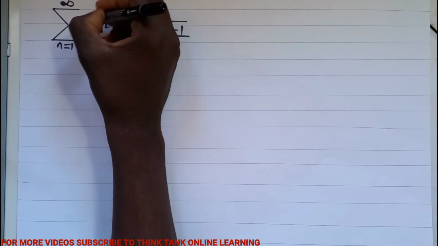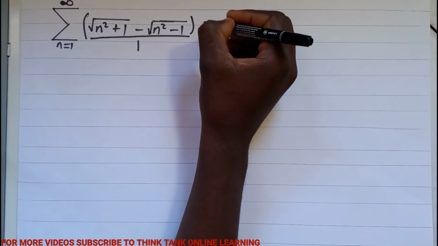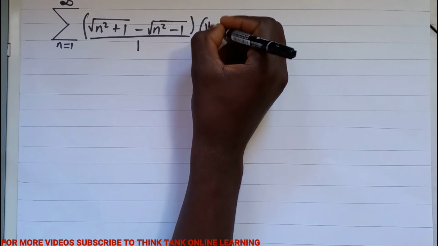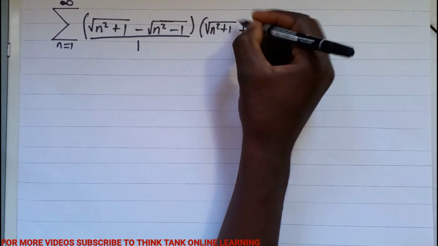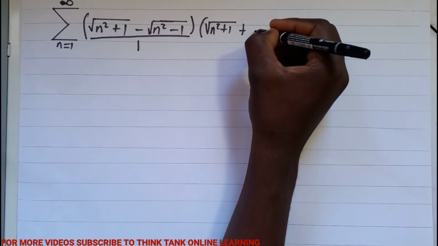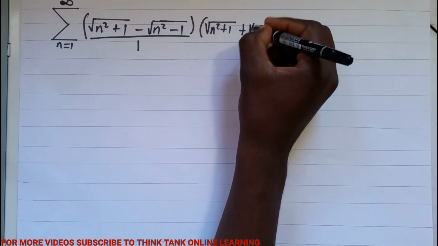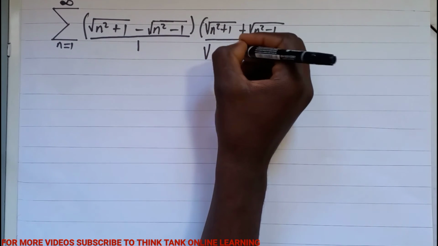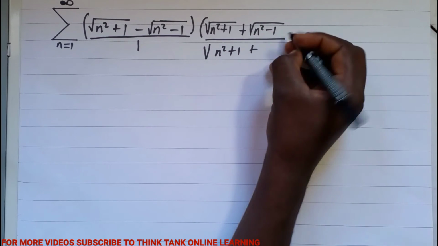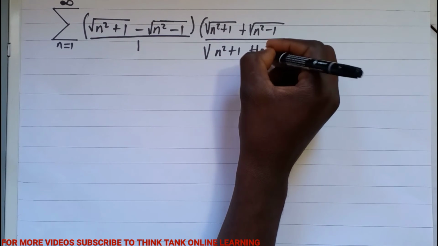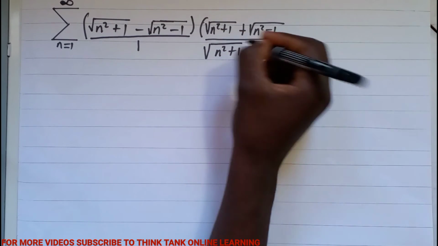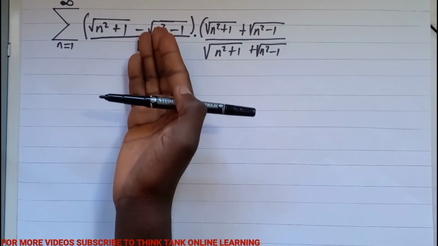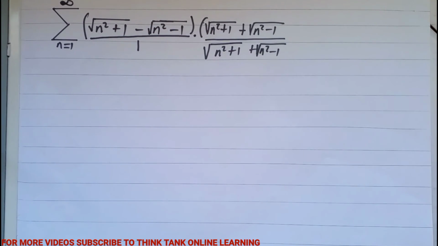If we multiply both the numerator and the denominator by square root of n squared plus 1 plus square root of n squared minus 1, so that we can get 1 on top. This is the same as saying we have multiplied this by 1. As you can see, this can simply cancel.